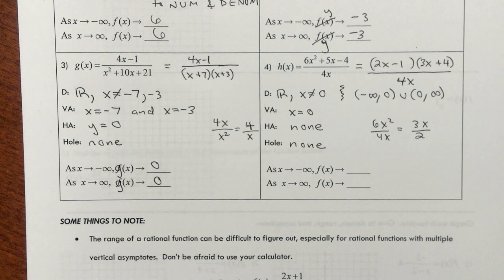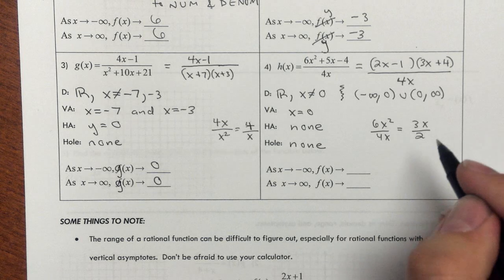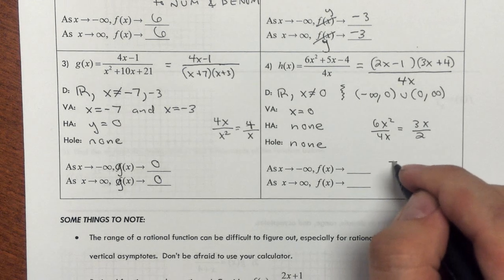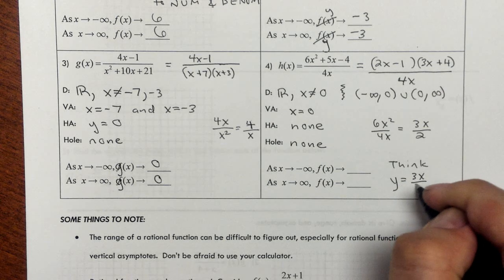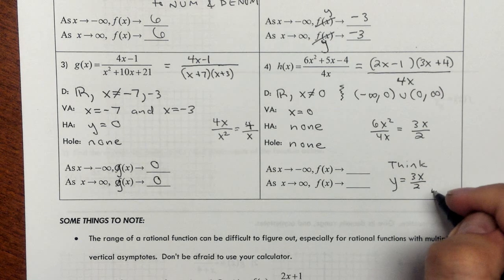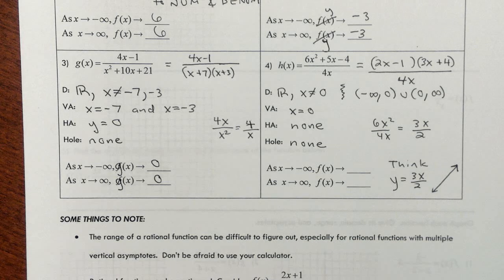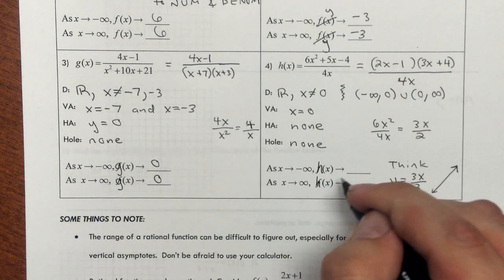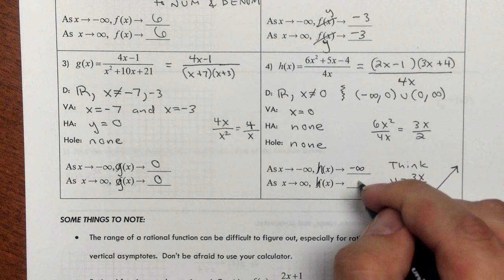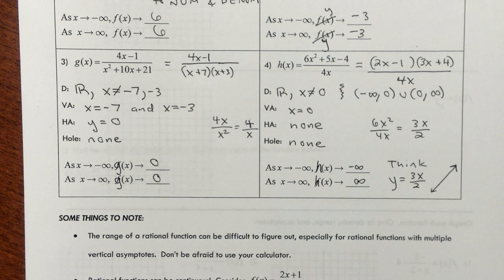That does not tend towards a constant for large x's. So 3x over 2 is where I have to leave that. That tells me about the end behavior, though. For end behavior, think y equals 3x over 2, or 3 halves x. It's a line with a positive slope. So as x approaches negative infinity, h of x should approach negative infinity as well. And as x approaches positive infinity, h of x will also approach positive infinity.